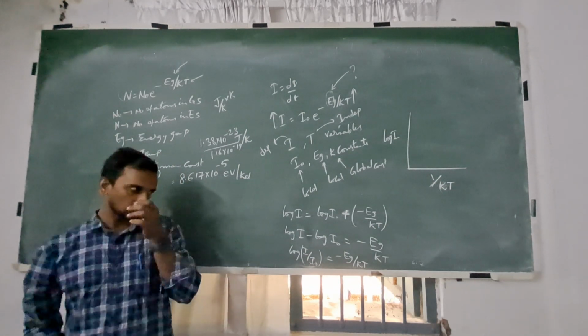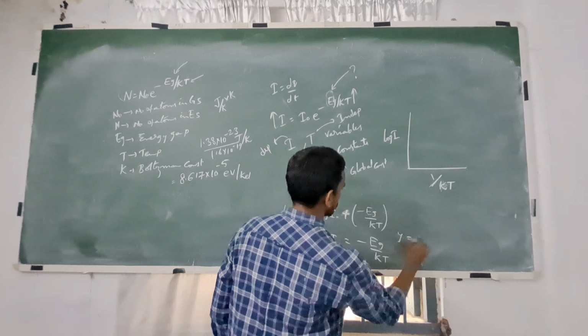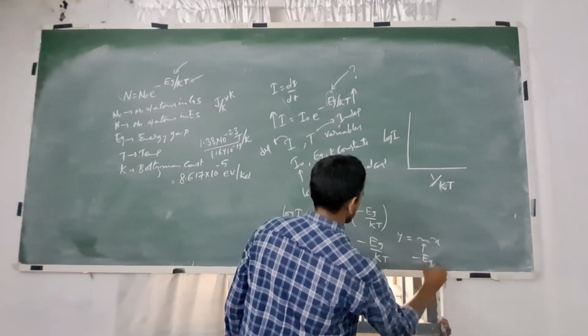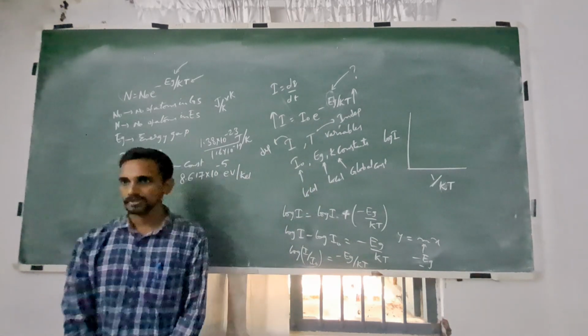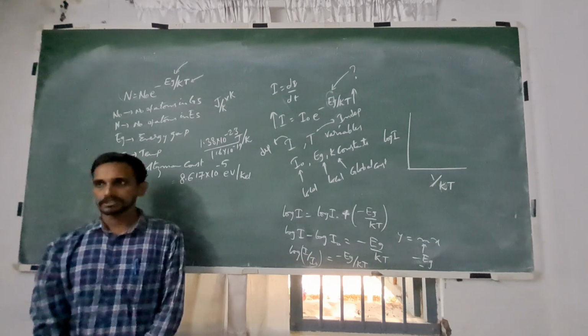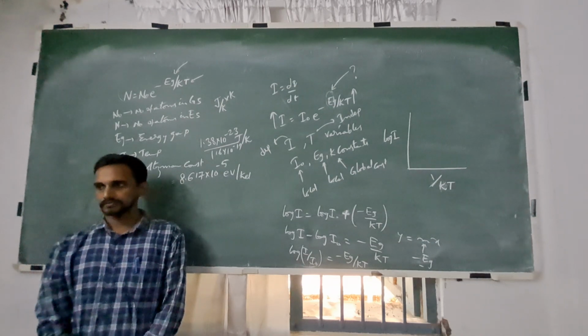Minus Eg is the slope of this. Taking the y equals mx formula, here the slope is minus Eg. So I should get a straight line with negative slope.